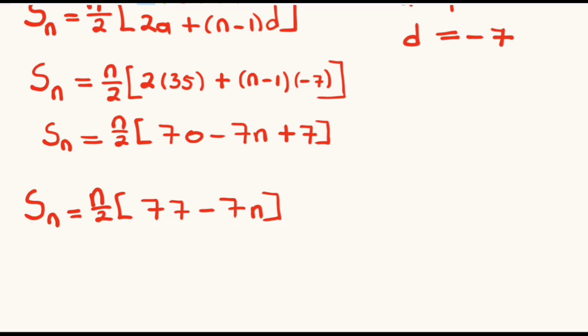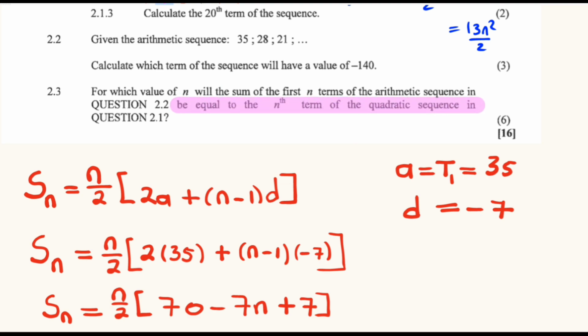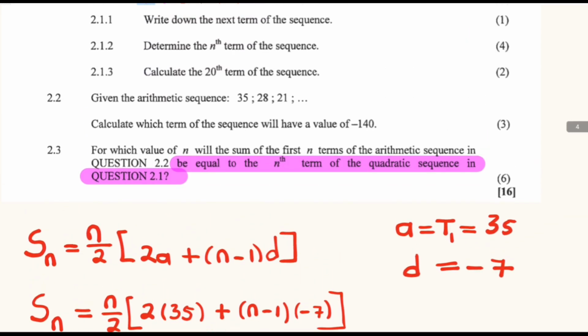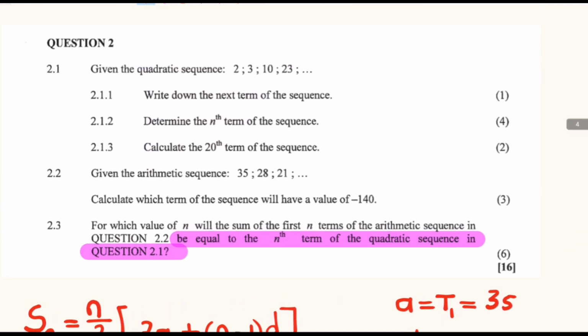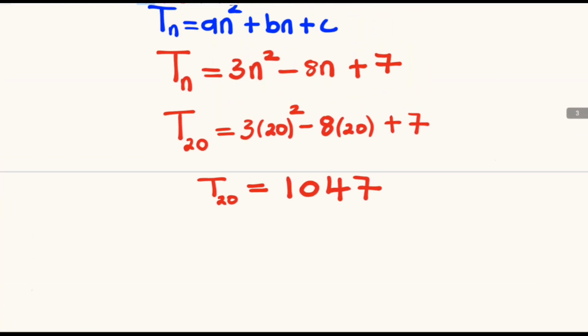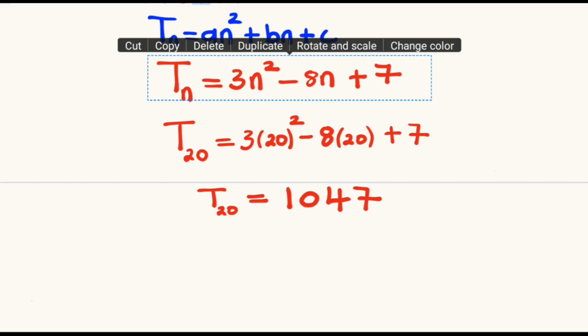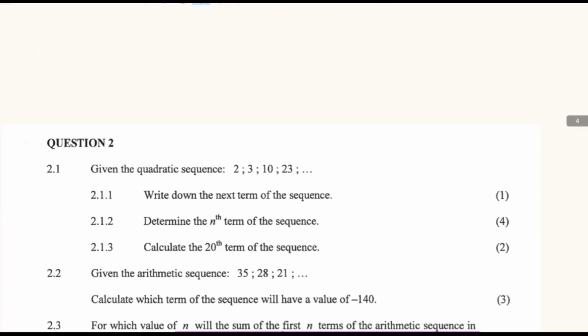So we have to determine n when the sum to n terms is equal to the nth term of the quadratic sequence. So we are going to equate the two. The quadratic, we determined it to be equal to 3n squared minus 8n plus 7.